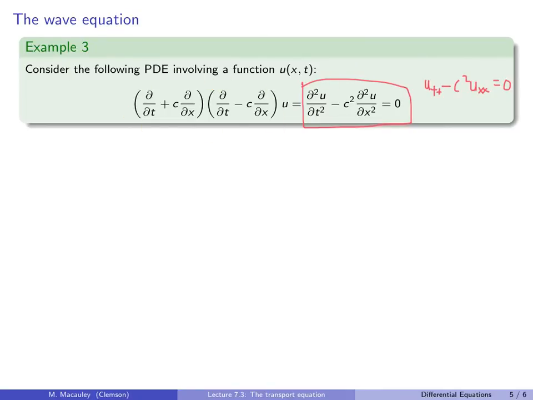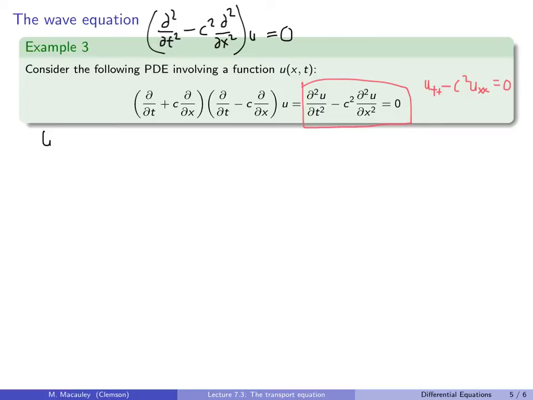So this thing here, you can multiply these operators like you do functions and think of this as a difference of squares. So this is like d squared dt squared minus c squared d squared dx squared applied to u. So this times u is this thing applied to u, which is just this thing here. So I can write it like this.